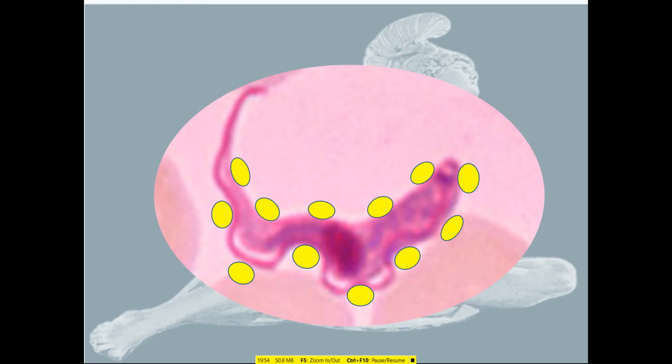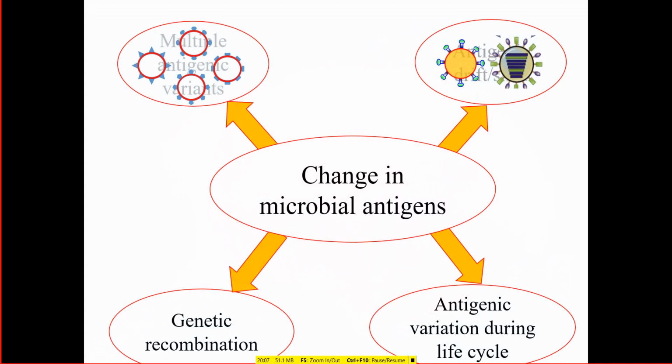So new antibodies have to be generated. They can do this tens of times, I think 100 times, changing their surface glycoprotein. This is not mutation in the old sense of the term, or point mutation. This is genetic recombination that happens at the DNA level.